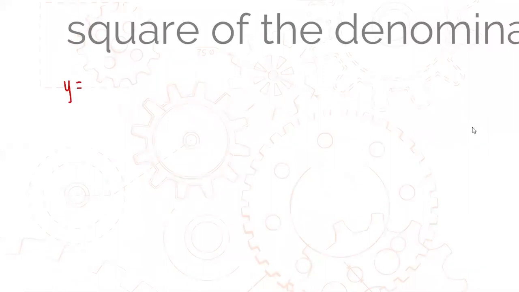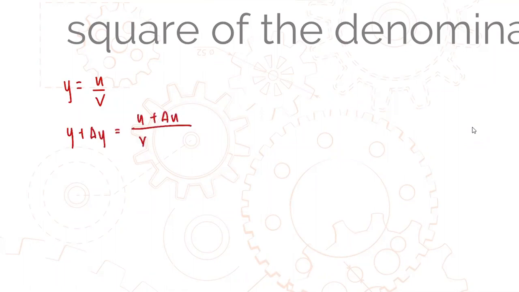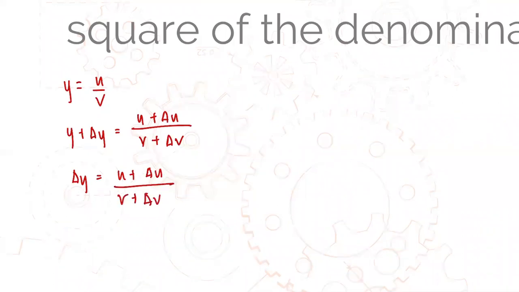So, halimbawa yung function natin, sabi, y is equals to u over v. Okay? Pag kinuha natin yung derivative niyan, so, we have y plus delta y is equals to u plus delta u over v plus delta v. Okay? And transpose natin yung y. We have delta y is equals to u plus delta u all over v plus delta v minus yung u over v.